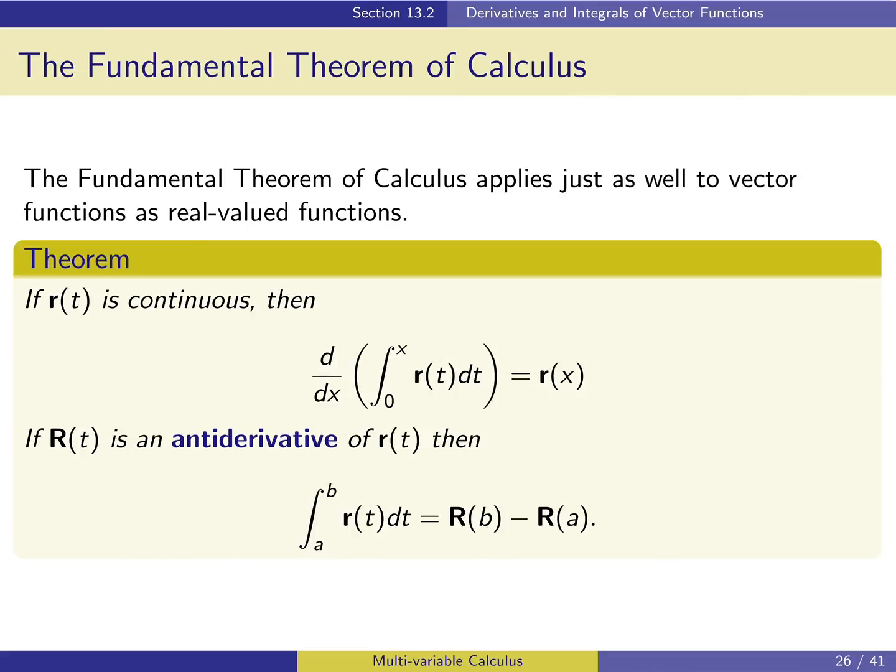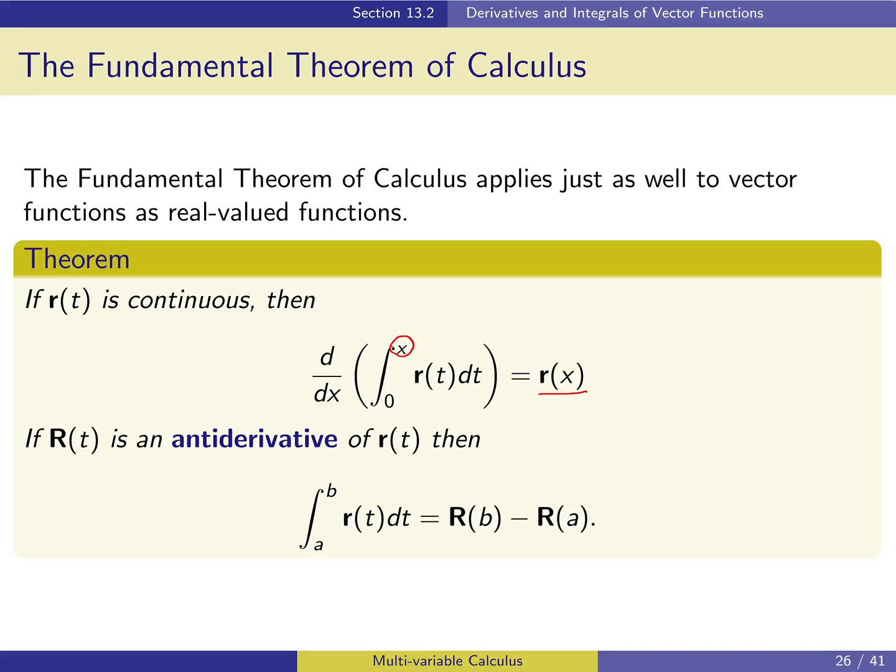The fundamental theorem of calculus also applies to vector-valued functions, just like it does to real-valued functions. The first fundamental theorem of calculus says that if we let x, the upper bound of integration, be our variable, then the integral increases at a rate which is equal to the value of the function at x.